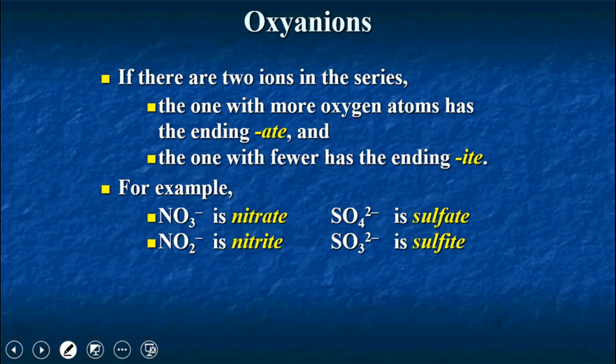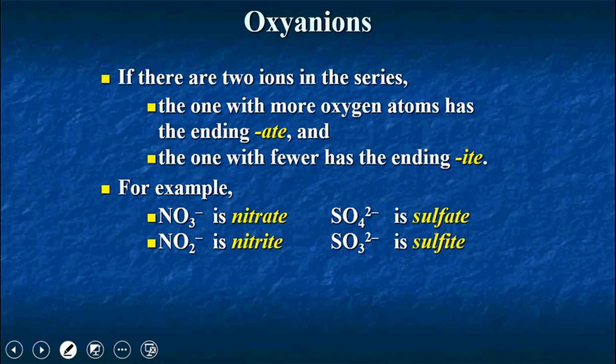If there are two ions in the series, then the one with more oxygen atoms ends in ATE, and the one with fewer oxygen atoms ends in ITE. For example, look at the NO3 and NO2 polyatomic ions. NO3 is nitrate, NO2 is nitrite.